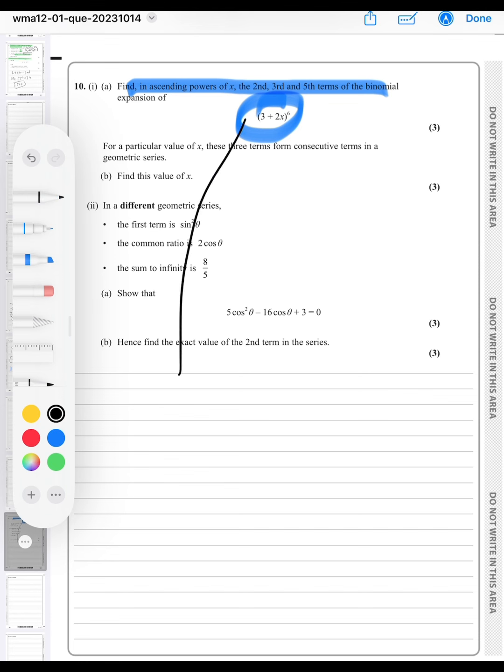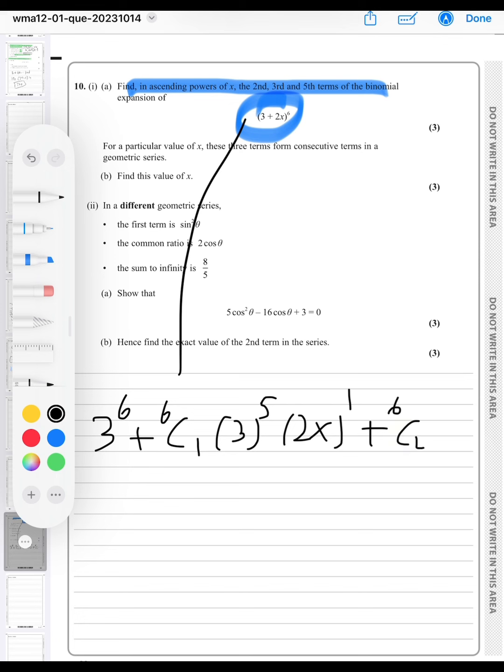if I expand this one, this is the first term, then 6c1 3 to the power of 5, 2x to the power of 1, this is the second term. Then 6c2 3 to the power of 4, 2x squared, and this is the third term.